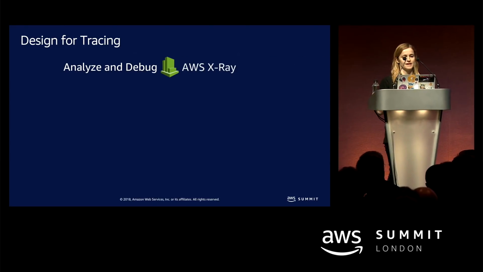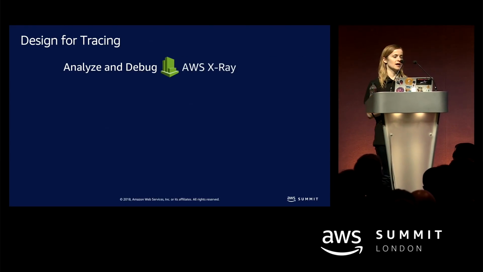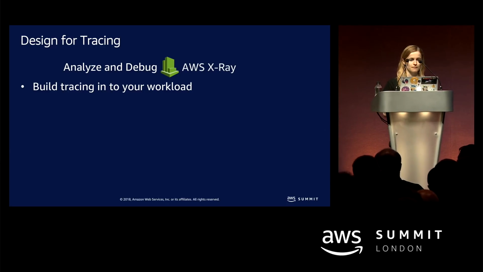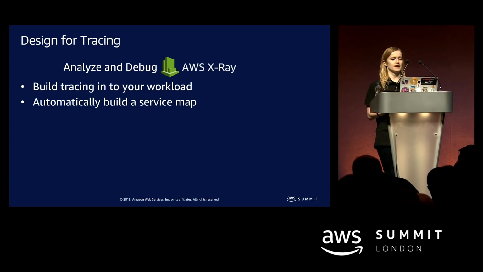And we have an AWS X-Ray service that helps to analyze and debug production distributed applications, especially those built with microservices architecture. So with X-Ray, you can build and trace your workloads, and you can understand how applications are performing.